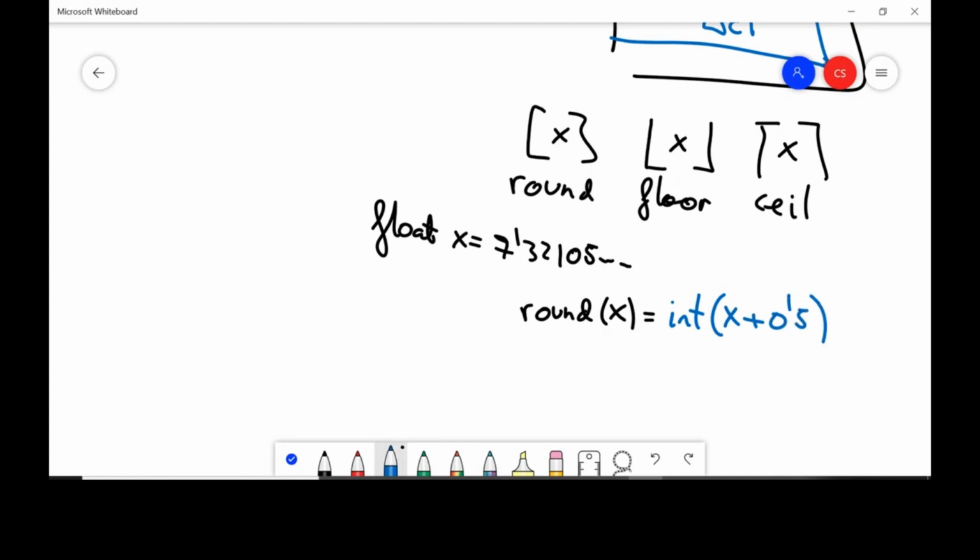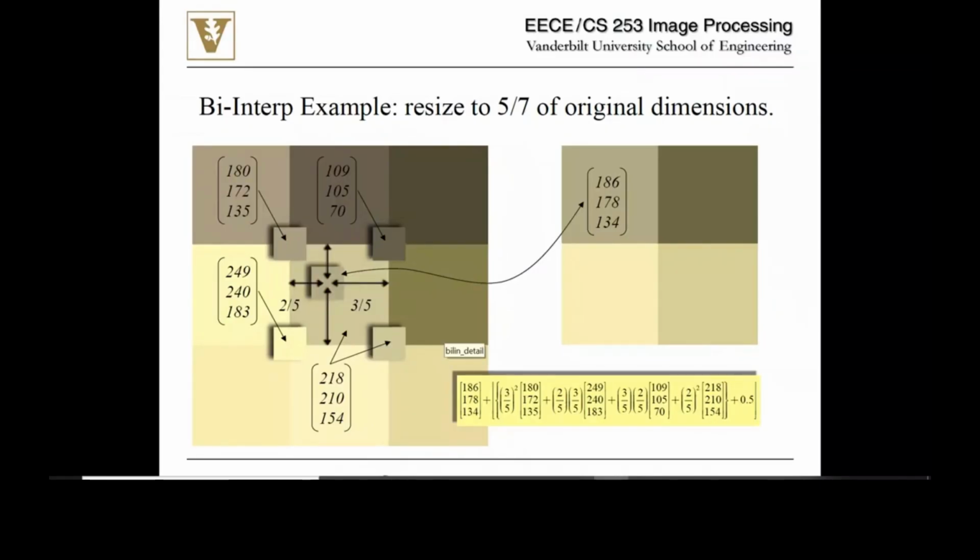And this is much faster in the computer. So adding 0.5 is very fast. And taking the integer part of that is also fast. Okay. So this is this trick here. This is used very often in many computer programs. Okay, so we make the calculation in floating numbers, then we add 0.5 and we round down.